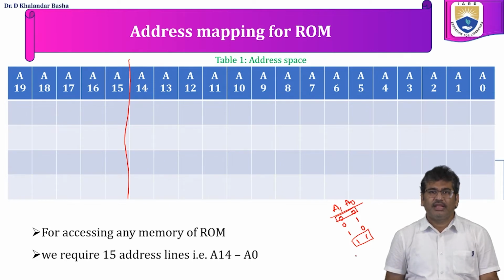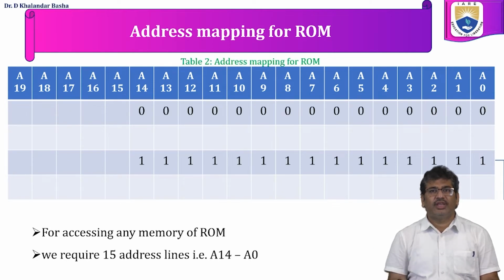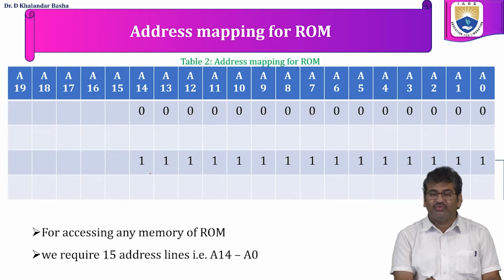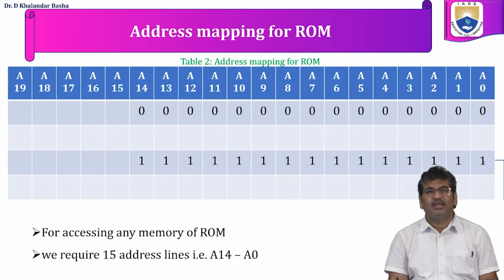By assigning the address, the range we can give for ROM locations for the 15 address lines is 000 and so on, from A14 to A0, up to 111 for each bit from A14 to A0. This is the address space required for accessing any 32K locations.